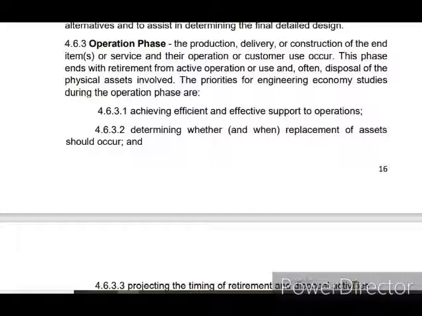Next, determining whether and when replacement of assets should occur. This is very important, because if you replace an asset that is functioning well, or that the company can still use, then there is a cost associated with it. So determining it is crucial.